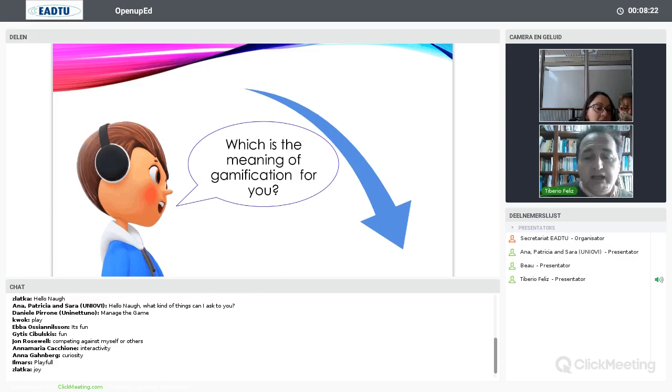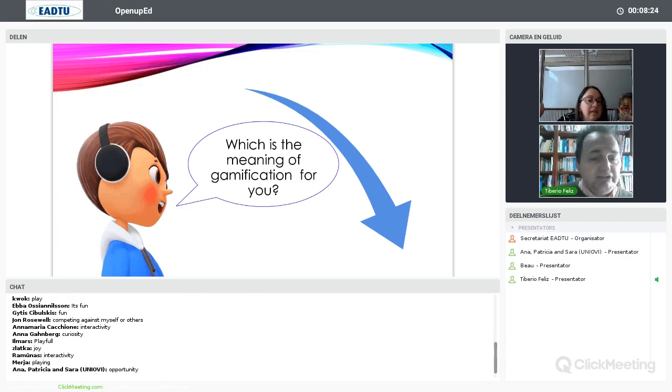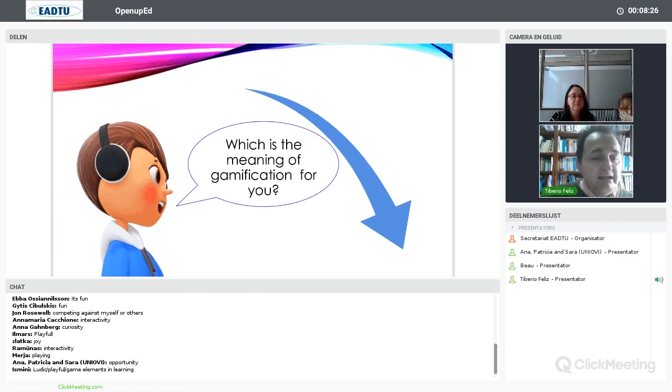And as you see, we have some suggestions: game, play, fun, competing, interactivity, curiosity, playful, joy, playing, opportunity, ludic, game elements, learning. Okay, that's right.